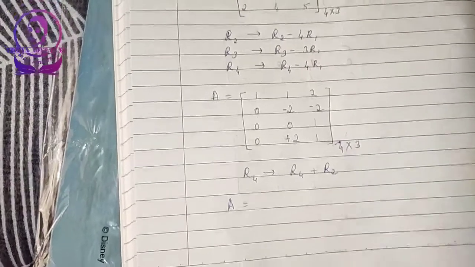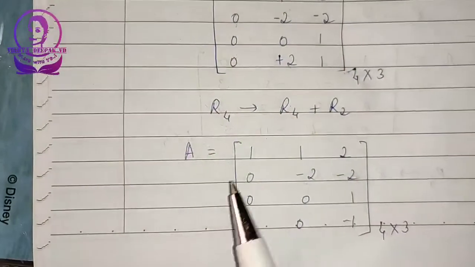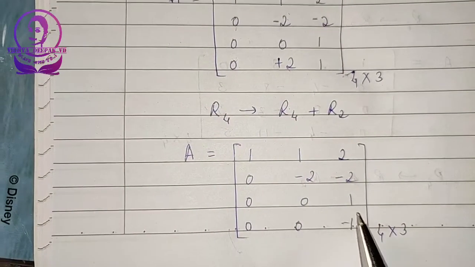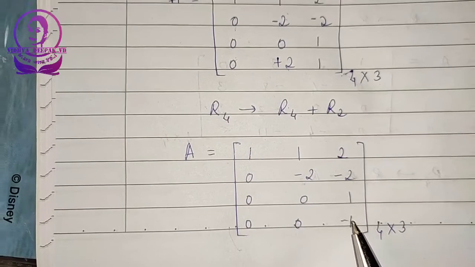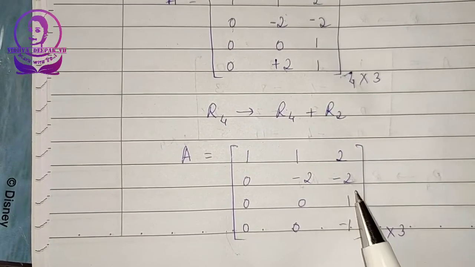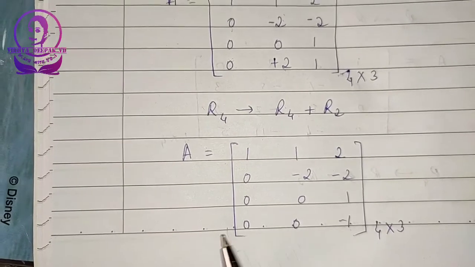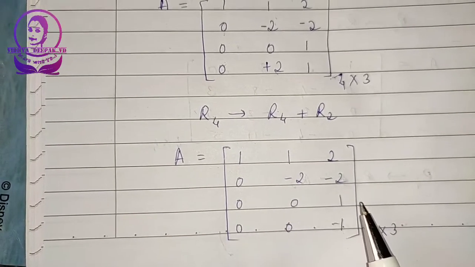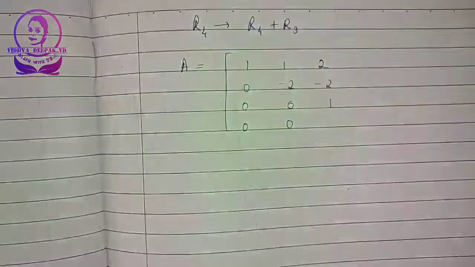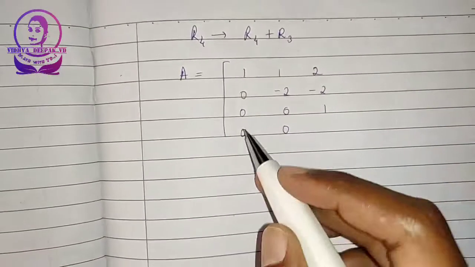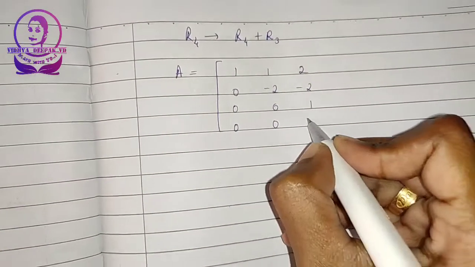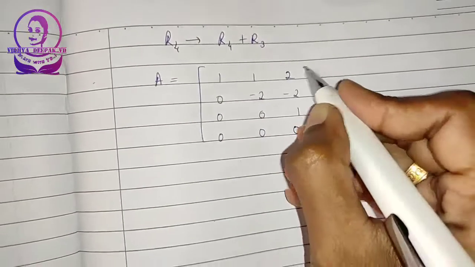So we get 0, 0 and minus 1. To make this term 0, what can we do? Plus 1 minus 1 can be done. So R4 equals R4 plus R3. All these things are the same, and 1 plus 1 minus 1 is 0.